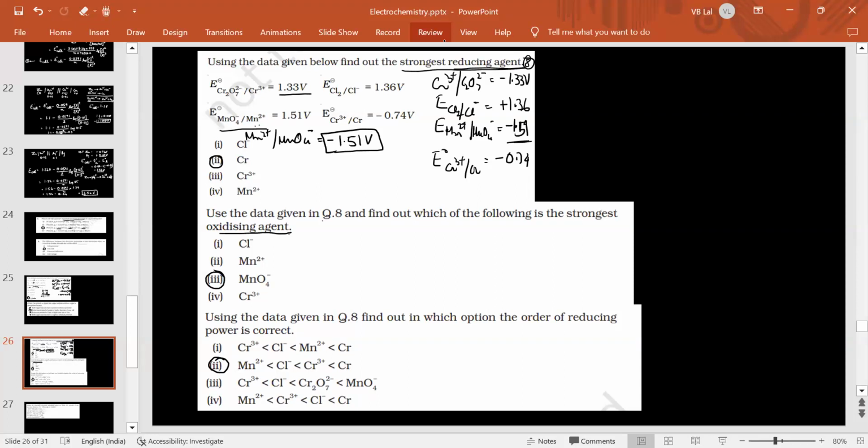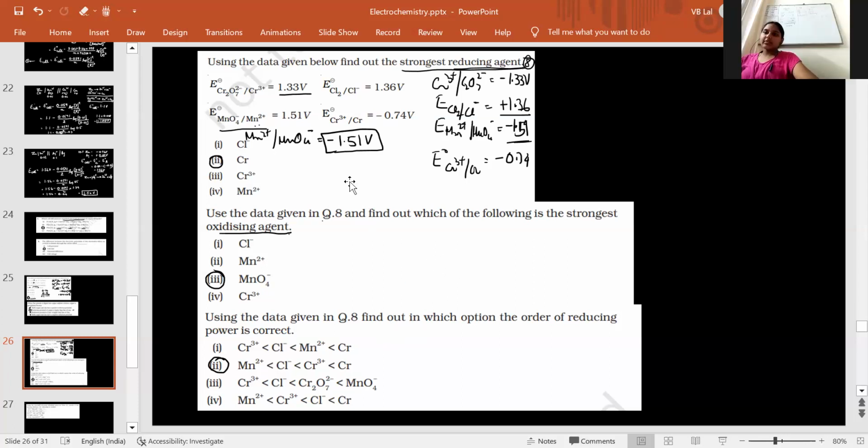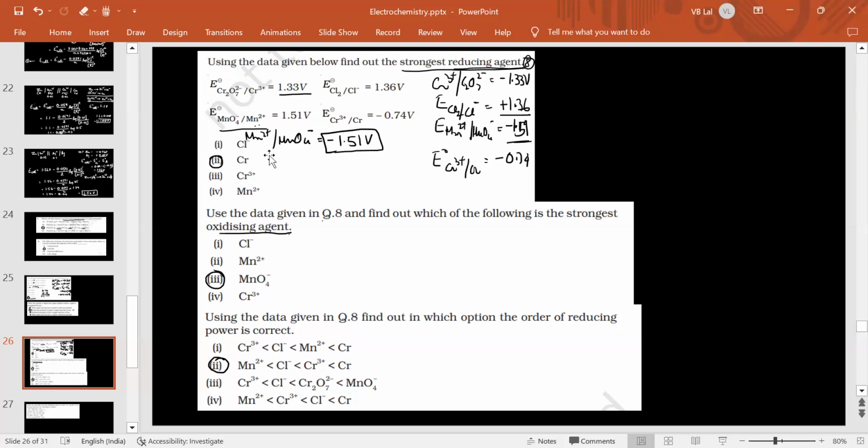Oh, so I have made a mistake. So Cl−, they have not even given that choice. I picked up this question from. Ma'am, so the strongest reducing agent will be Mn2+. Yes, according to that, the strongest reducing agent should be Mn2+.